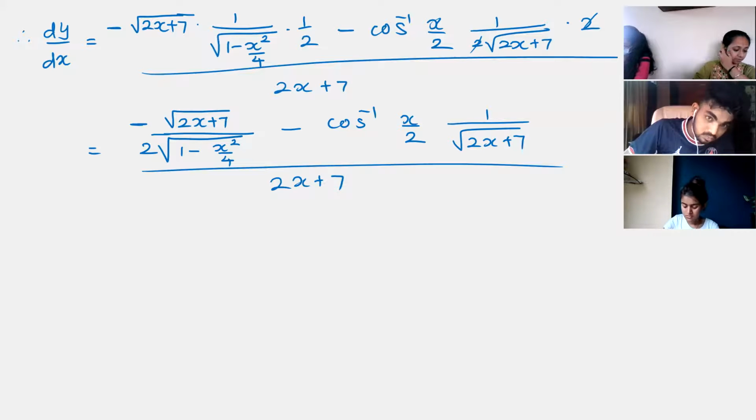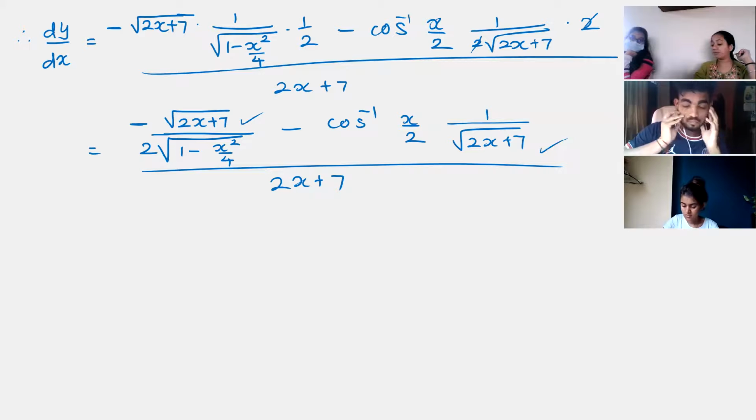If your answer does not match the MCQ options, what do we do? Simplify. You can see that this numerator is having 2x plus 7, and this denominator is having 2x plus 7.